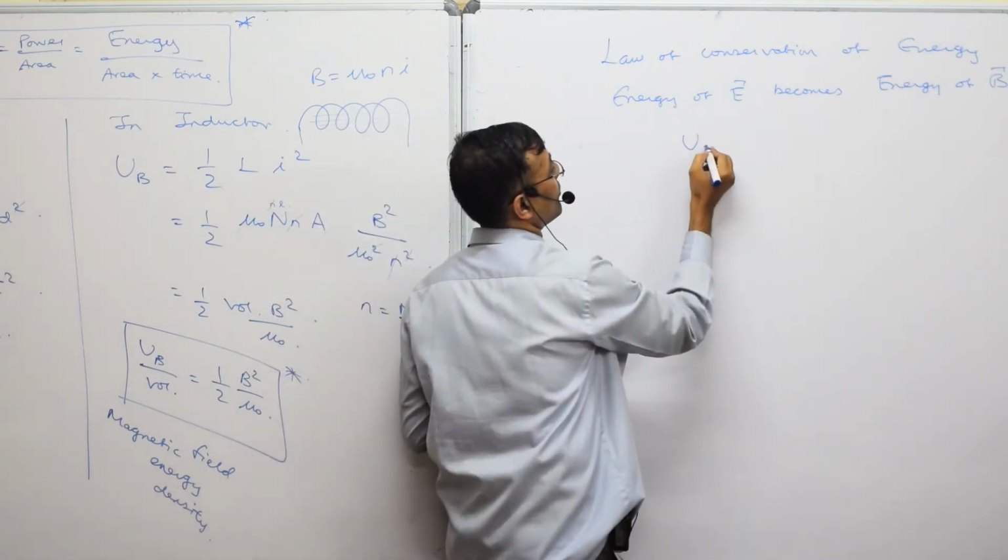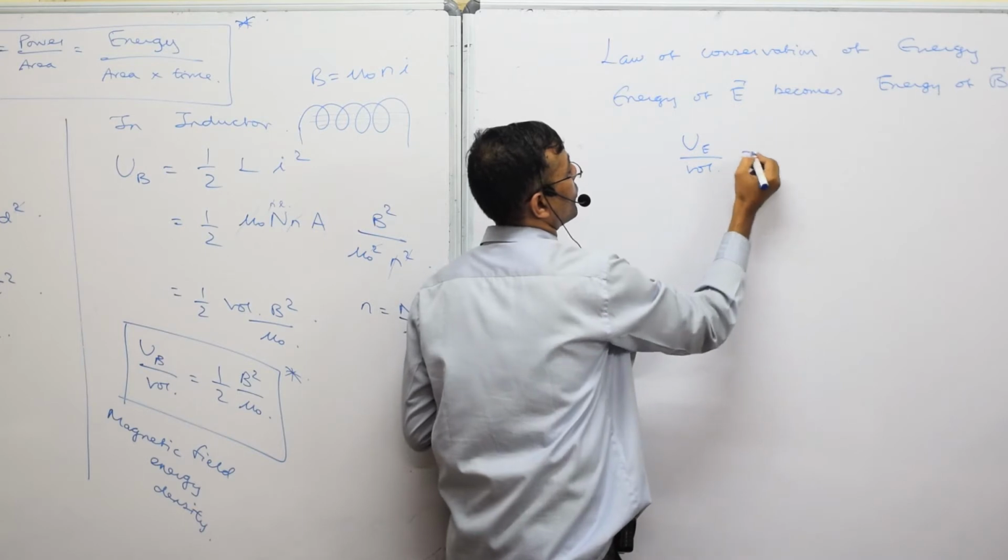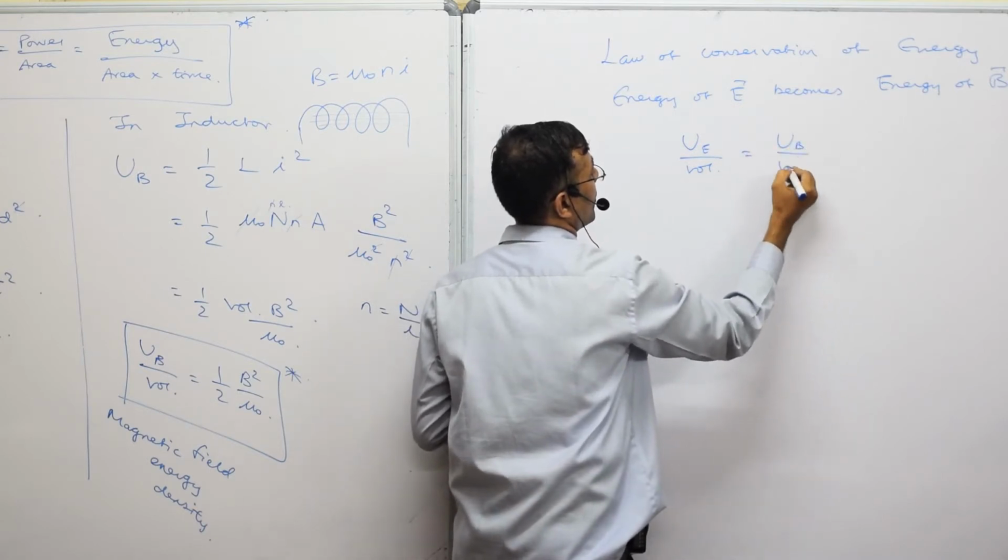That means I am going to say UE by volume is equal to UB by volume.